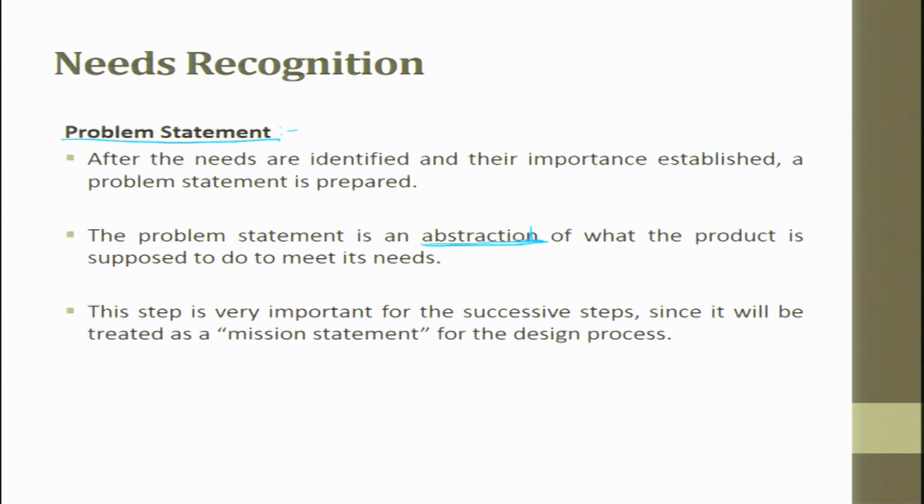You cannot specify it. You have to keep it as abstract as possible, so that by looking at the abstract things, many concepts get evolved. This step is very important for successive steps, since it will be treated as the mission statement for the design process. So, problem statement forming is very, very important.